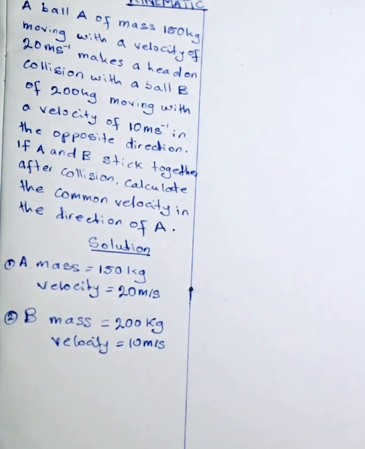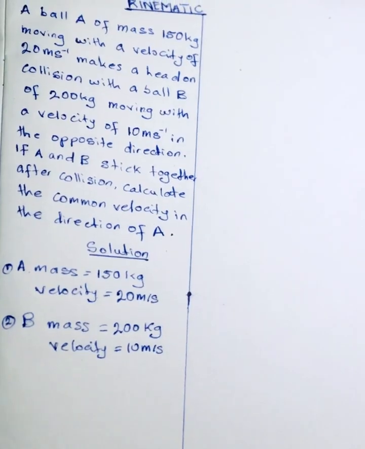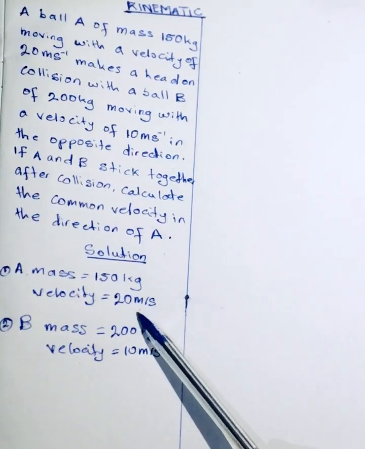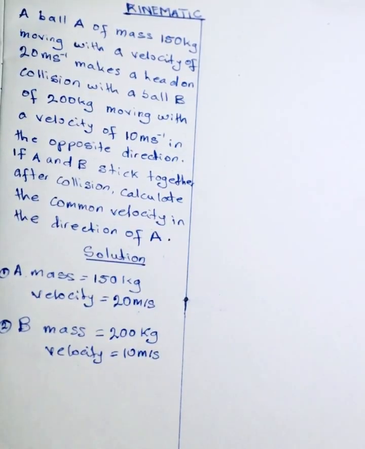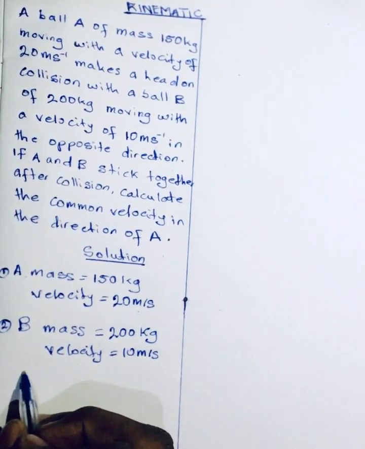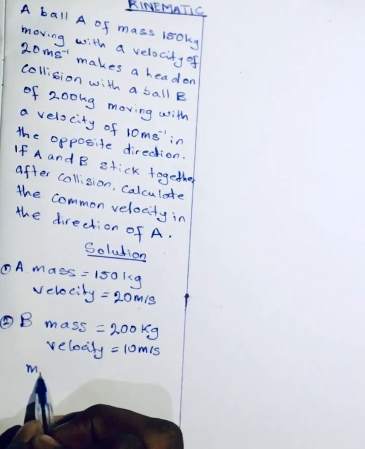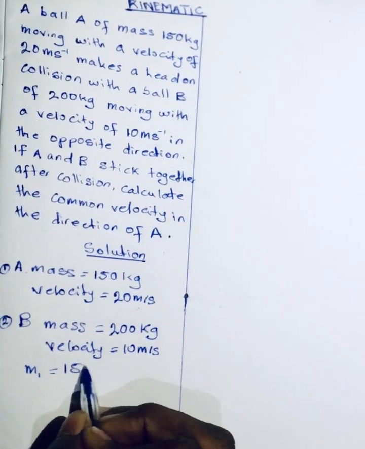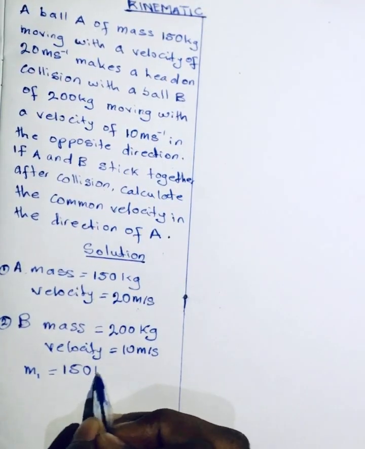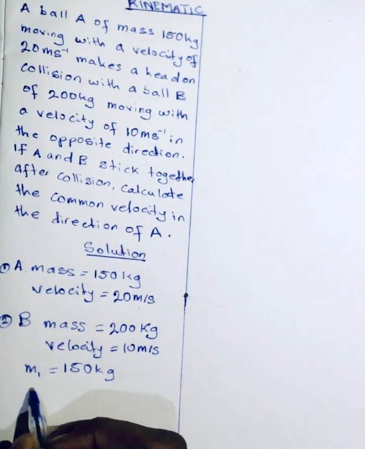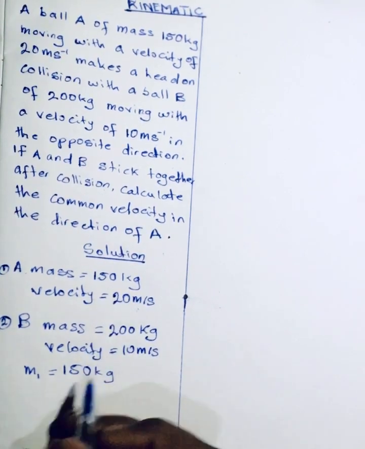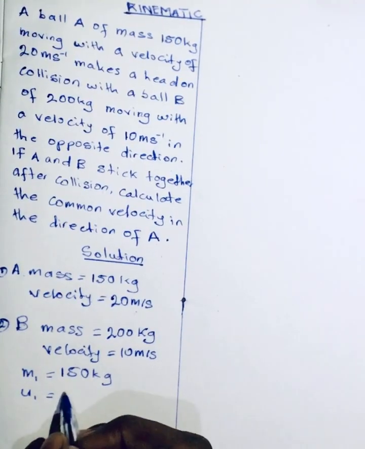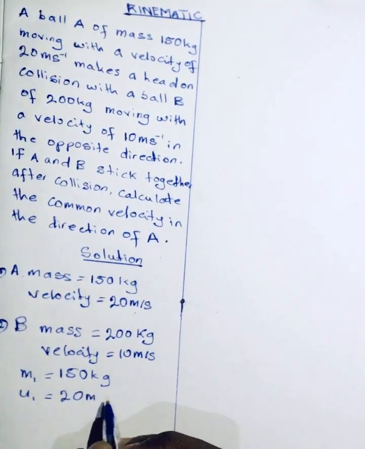So in this case, the body A, whose mass will be denoted as M1, is equal to 150 kilogram, and the initial velocity U1 is 20 meters per second.